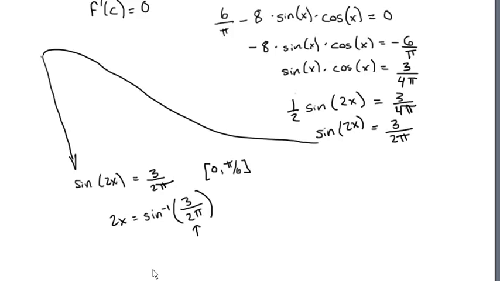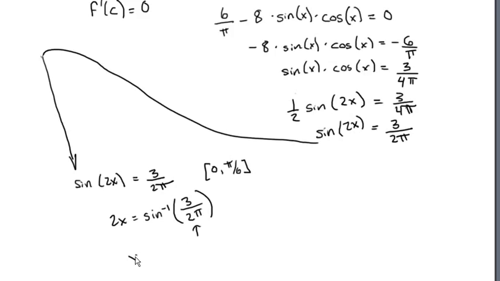So this should give us inverse sine of 3 divided by pi divided by 2, which is 0.49 something.